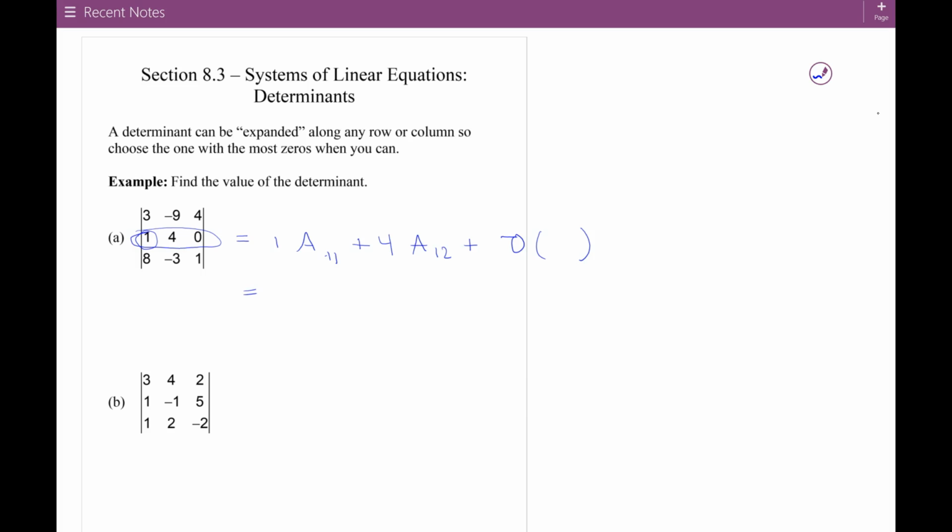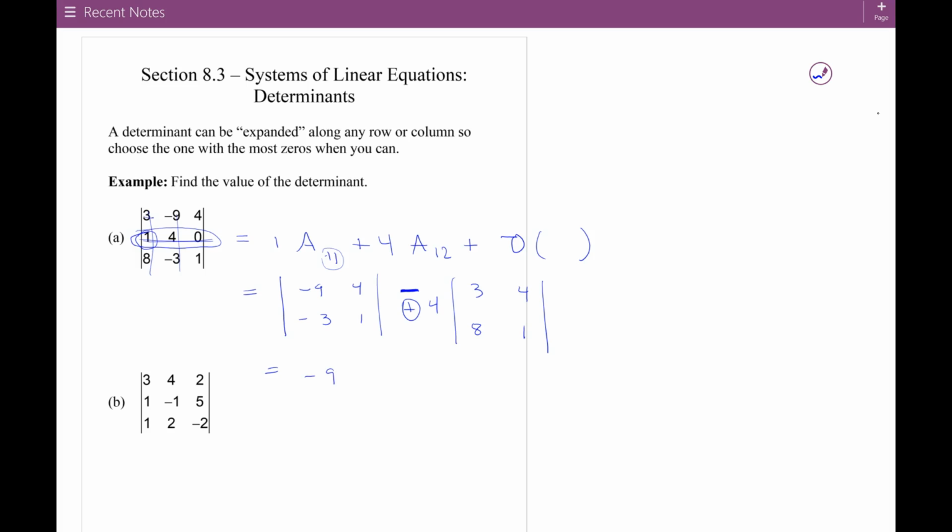So we're going to get 1 times what's left after I wipe out 1, 1, plus 4 times what's left after I wipe out 1, 2. So that's 3, 4, 8, 1, and then 0. And then the sign for 1, 1 is going to be positive, but for 1, 2, it needs to be negative.